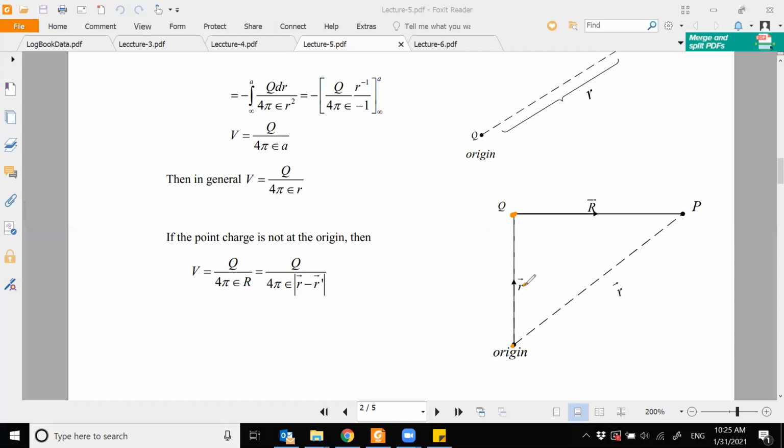If r dash is the position vector of my point charge Q and P is my observation point with position vector r bar from origin, then the distance between the charge and the observation point is the magnitude of the distance vector, which in terms of position vectors is the magnitude of r bar minus r bar dash. This is for a point charge not placed at origin.